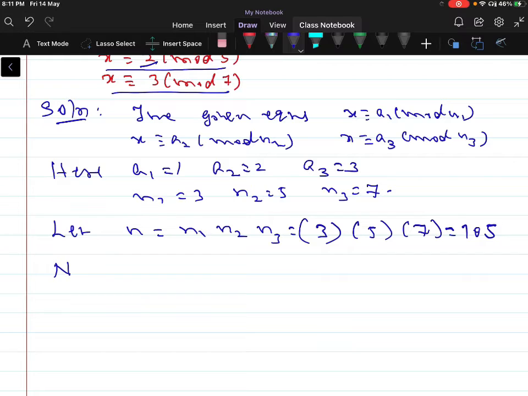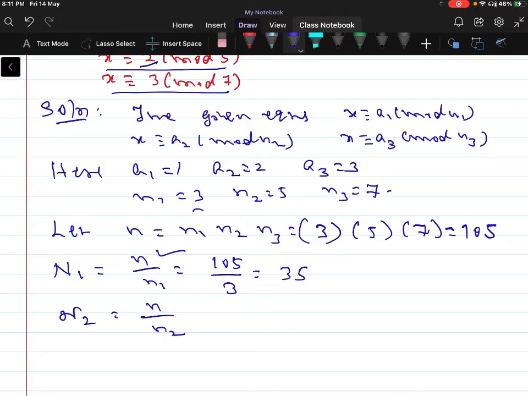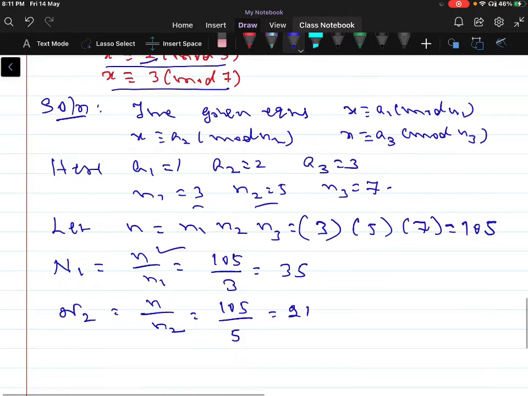Let us define capital N1 as n by n1, that is 105 by 3, so we get 35, and N2 is n by n2, that is 105 by 5, so we get 21.